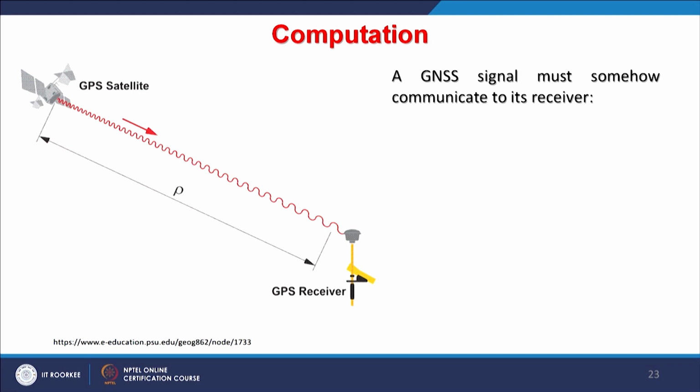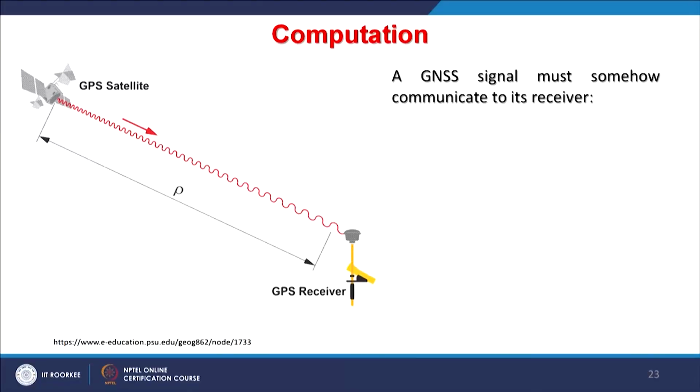The GNSS signal must somehow communicate to the receiver. This has to come directly. If there are mountains or buildings, if you are surrounded by buildings, then these direct signals may not be received, and that means you are adding extra time for the signal to reach your receiver, and a wrong position estimation.